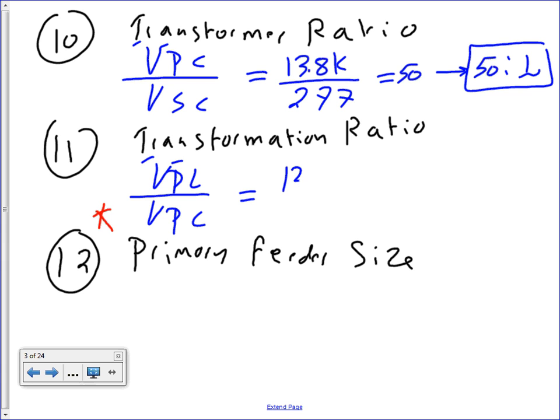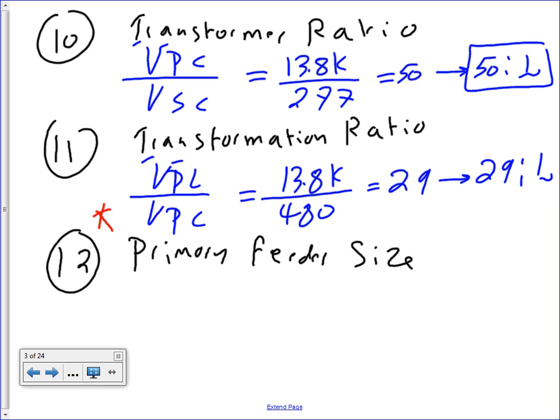This is 13.8K, stays the same. This one, 480. And if you did that one, that will give you 29, which translates into 29 to 1. Now, what does each one of these mean?